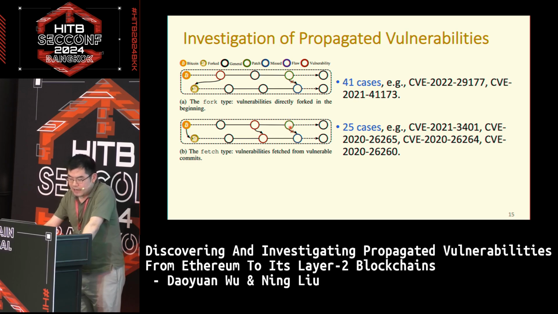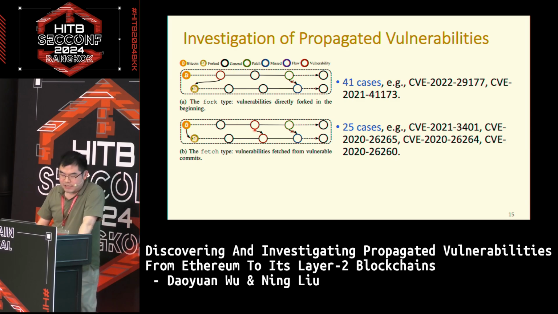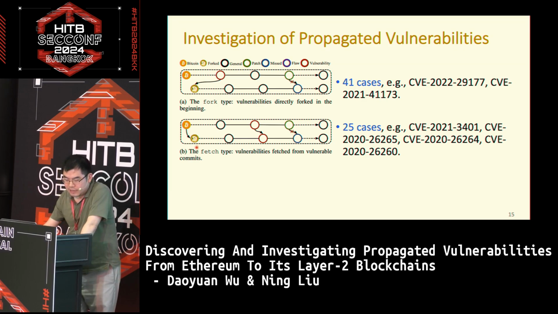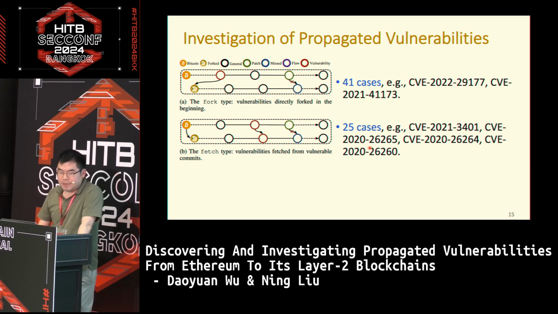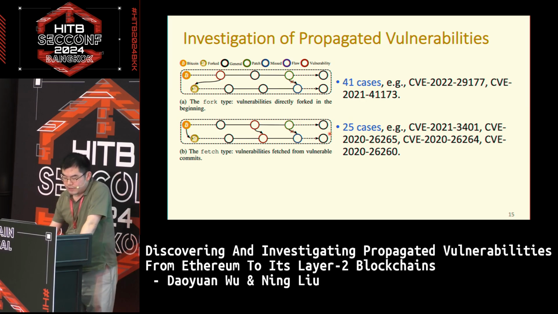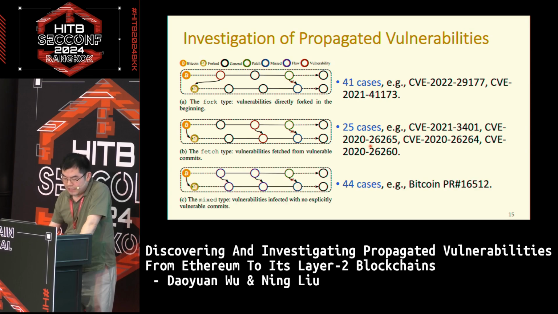At a later time, the Bitcoin developers found this commit is vulnerable, so they patch this vulnerable code at this green circle. However, the Dogecoin developers didn't timely fetch these patch commits. So in this case, they cause this number of propagated vulnerabilities.